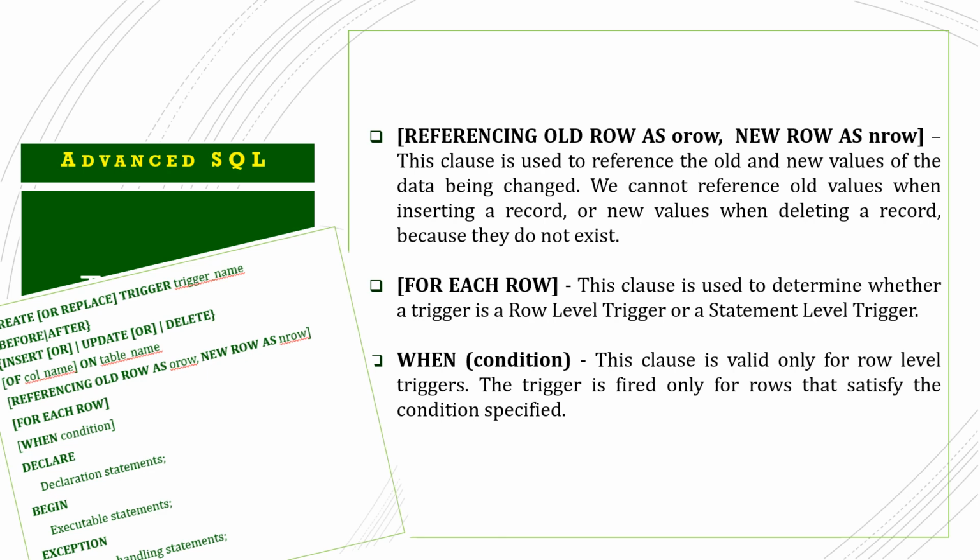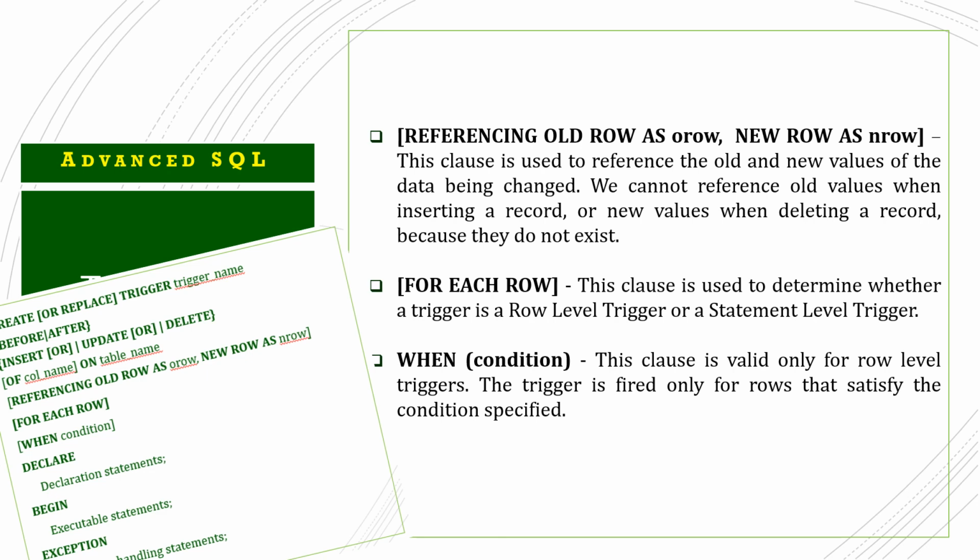This clause is used to refer to the old and new values of the data being changed. That is, if we want to know the data before and after updation, we can refer to that with the help of this clause. We cannot refer to the old values while we are inserting a record, or refer to new values while we are deleting a record. Why? Because these two values didn't exist, right?